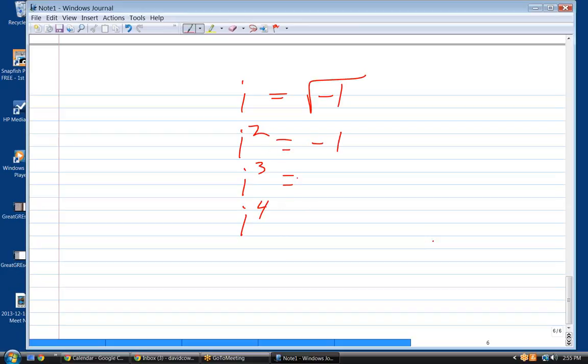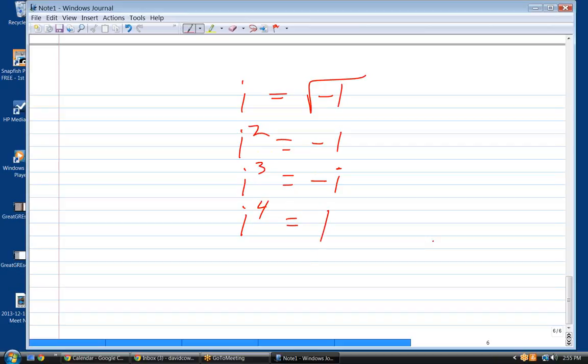What's i cubed? Negative i. In other words, that's how you would get i cubed: i squared times i, which is negative 1 times i, so you get negative i. i to the fourth is i squared times i squared, that's 1.